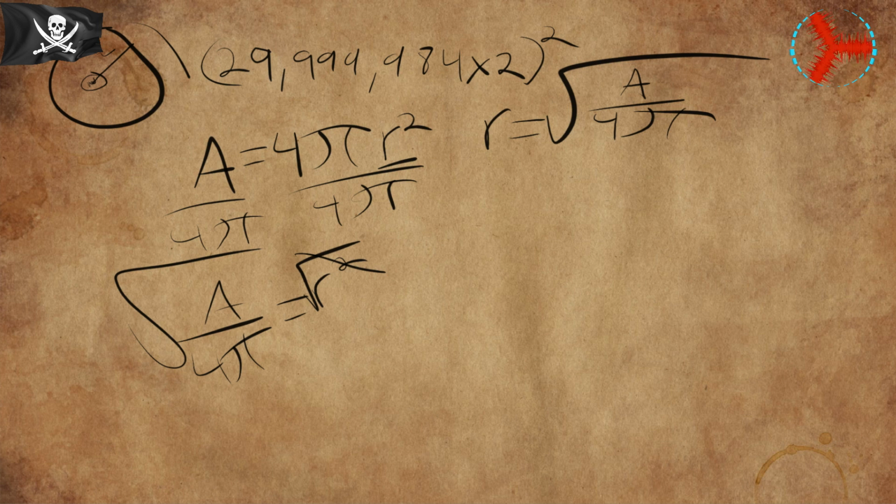Divide that by 4 times pi. I think I just need to say pi once. Then square root the whole thing. Boom.